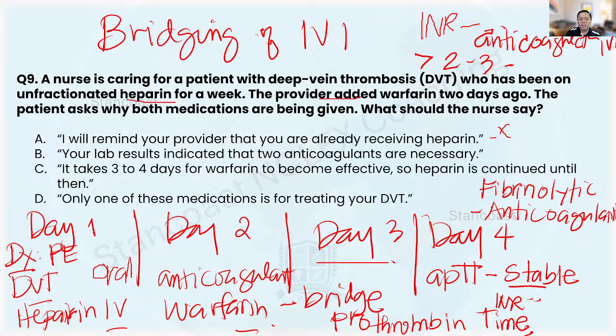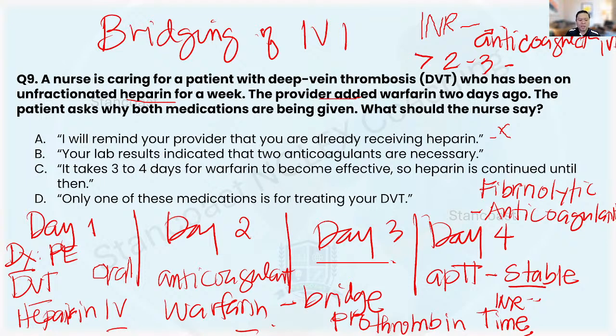So if the patient's INR is less than 2, it simply means that maybe the dose is not appropriate for the patient. Maybe it's way lesser, or maybe the medication was just started. It's not 2-3 days yet, or it's not like 3 days after the initiation of the warfarin.